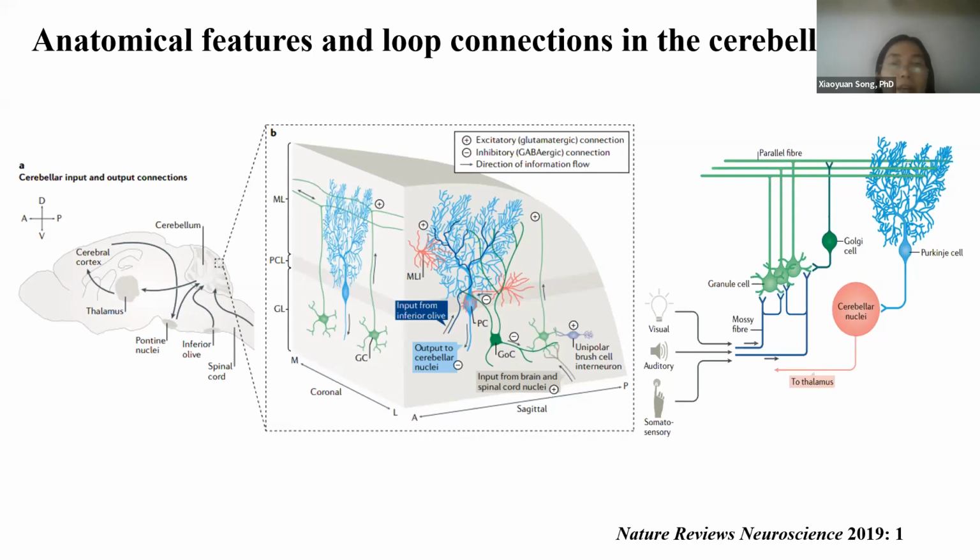Purkinje cells and granule cells are the two major neurons in the cerebellum. In the molecular layer, the dendrite branches of the Purkinje cells extend and form synapses with the parallel fibers and perform their function.